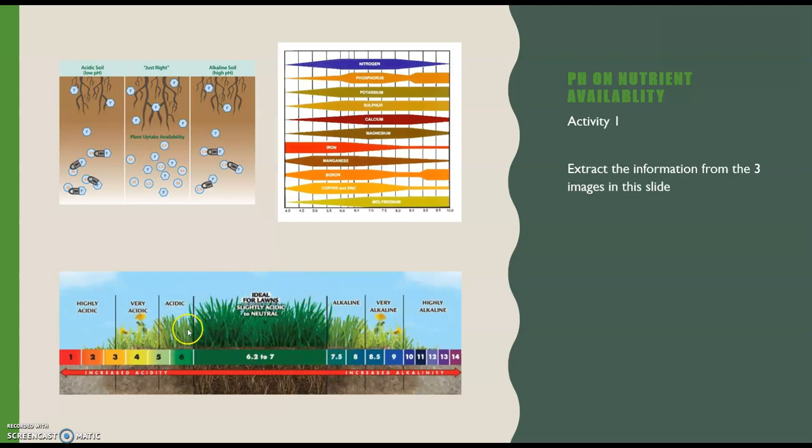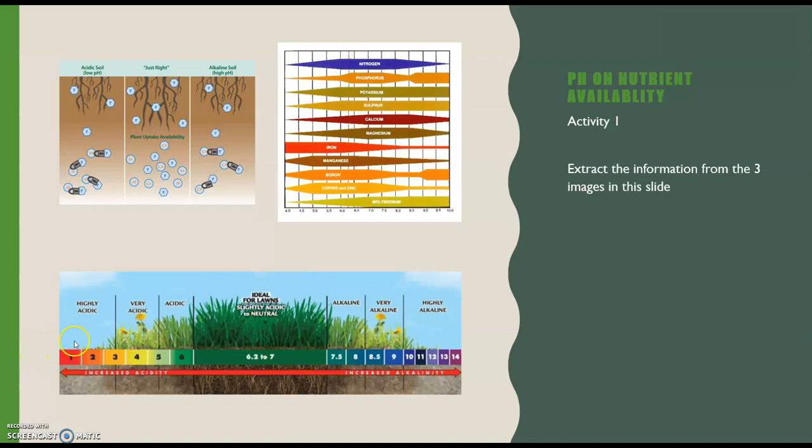This is the limit. Some people will claim you can go up to 7.5, so it depends on people. If you ask me, 5.5 to 6.5 is the suitable planting range. You need your soil to be a bit acidic.